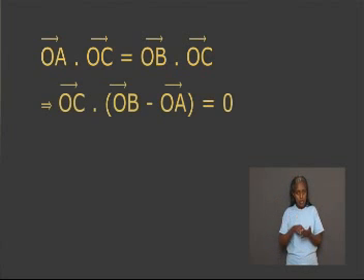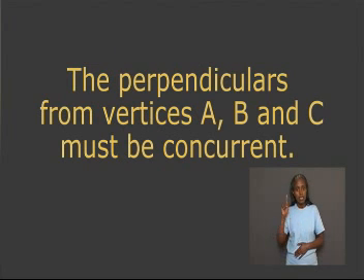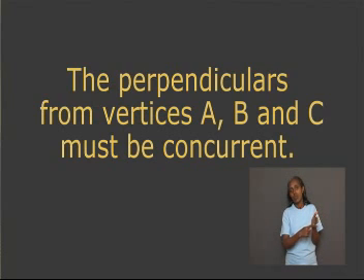The dot product of OC and the difference between OB and OA is equal to 0, which means the dot product of OC and AB equals 0 as well. This demonstrates that BA and CF are perpendicular. Thus, the perpendiculars from A, B, and C are concurrent.